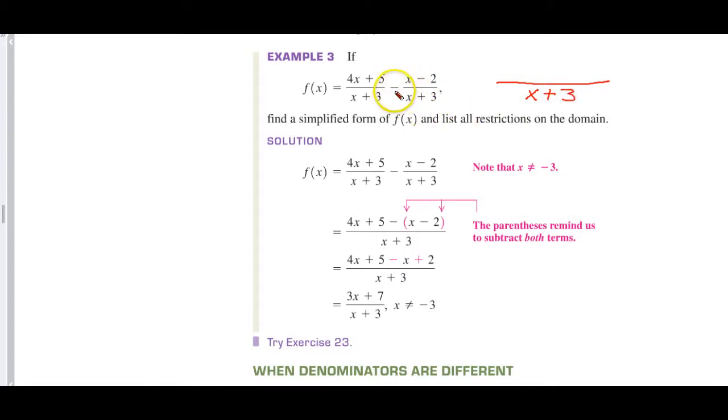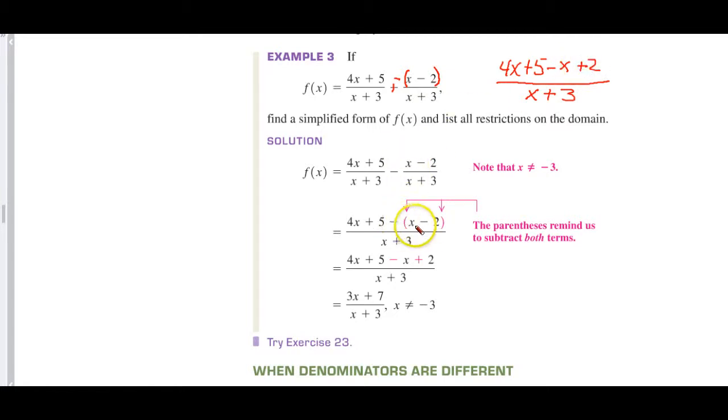One of the things you might do when there's a negative here is put this numerator in a parenthesis, make this a positive, and put the negative there, so you end up with something like this, 4x plus 5. And if you can do that mentally, the negative sign in front of the parenthesis, you're just going to reverse both of these signs. So this x will become a negative x, and this 2 will become a positive 2.